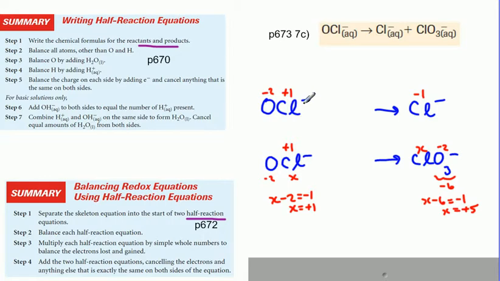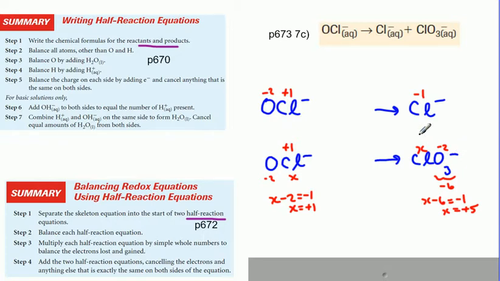And so, in attempting to write out my half reactions, I wrote the only reactant there is, which is OCl- over here, but for the first half reaction, I wrote Cl- as the product, and in the second one, I wrote ClO3-. Then I took a very close look at all the oxidation numbers.